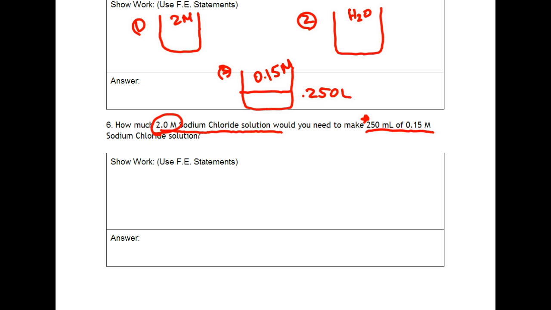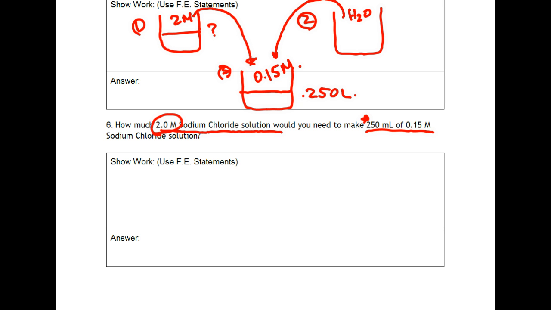So if we have these pieces of information, they're asking us how much of this solution was used, meaning how much of this total solution was poured in there, along with a certain amount of water, to get this much molarity and this much liters.